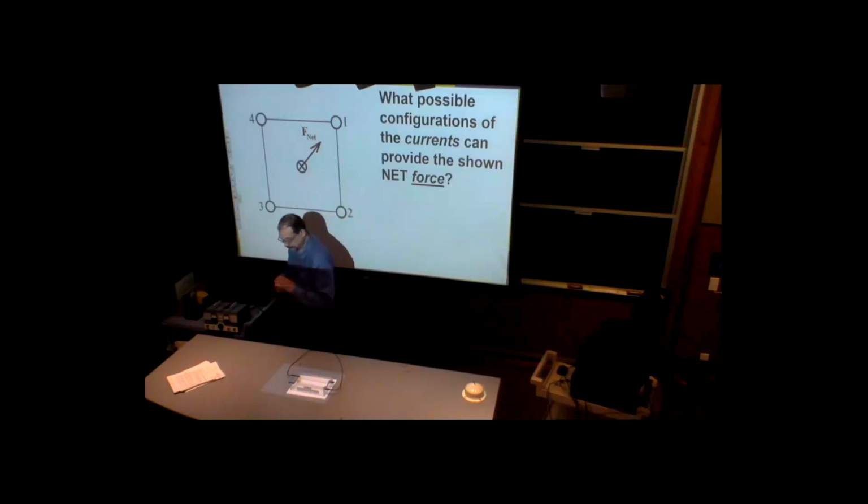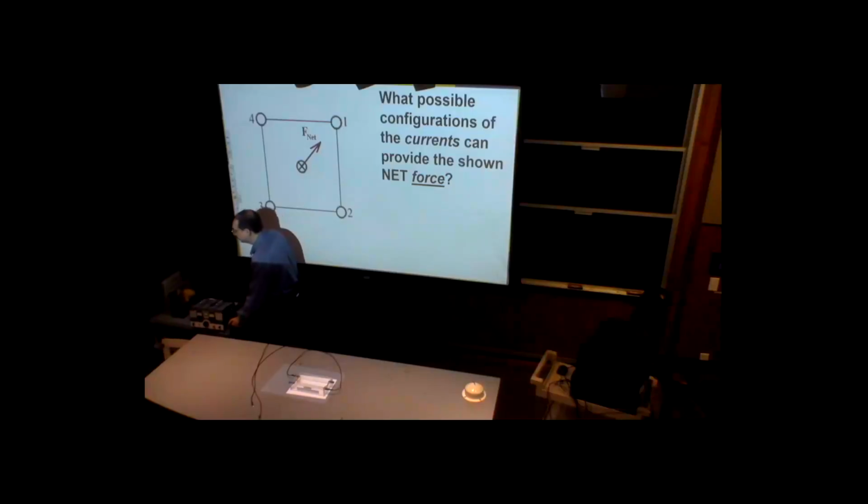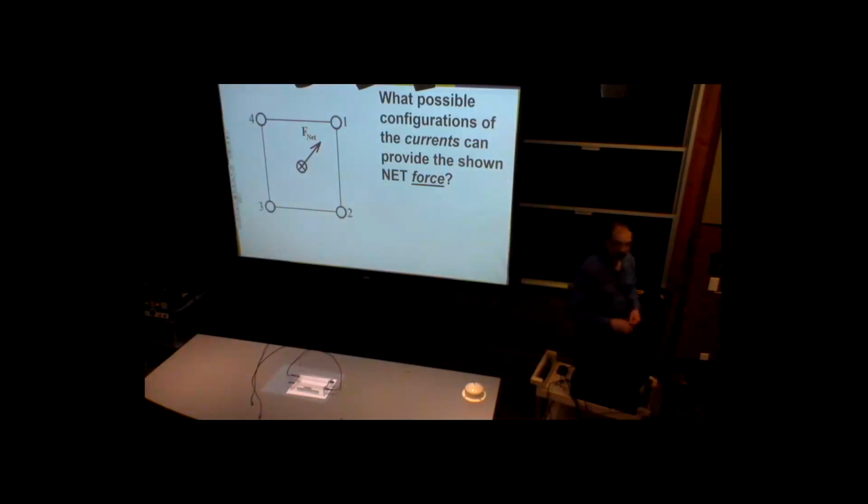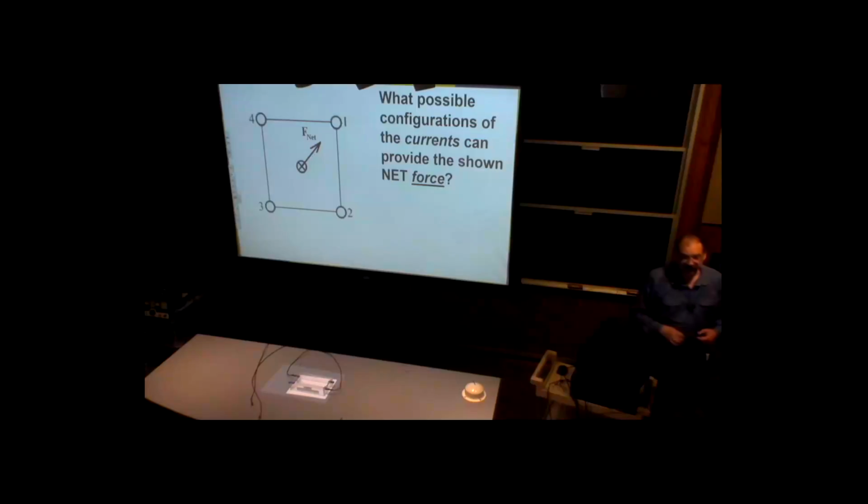We know symbols. And the question is, how should we direct electric currents in the other 4 wires in order to make the net force acting on the wire in the middle point like this? So technically this is, again, a trial and error problem, because what we can do is just check all options. How many options do we have?